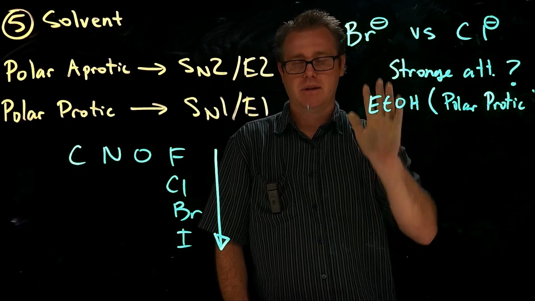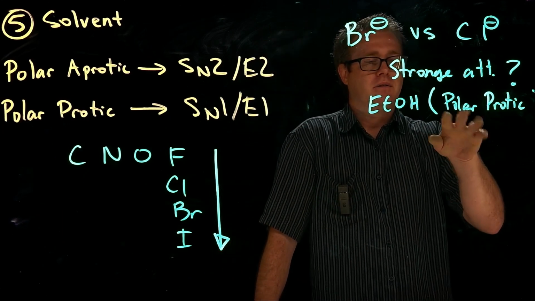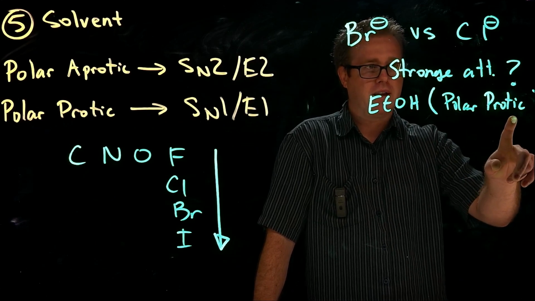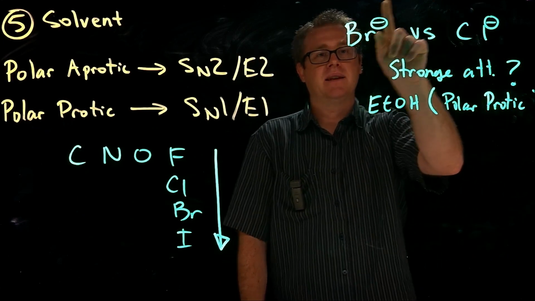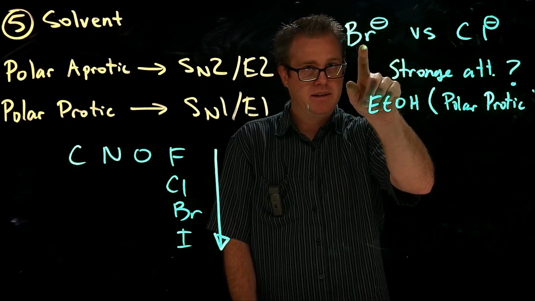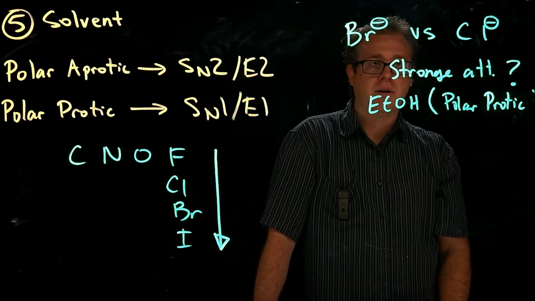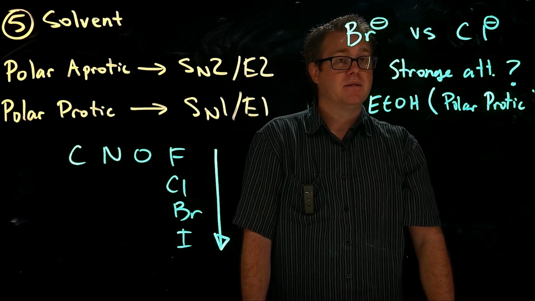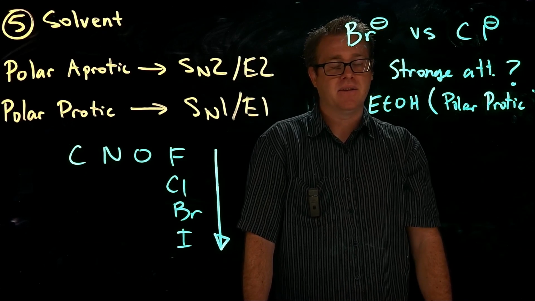Oh, no, wait. Let's pause for a second. Let's not mess this up. So polar protic, this is going to be solvated more, so that makes this the stronger attacking species. Okay? But in a polar aprotic solvent, we're going to pretend that there's no solvent around because aprotic solvents don't solvate anions very well.